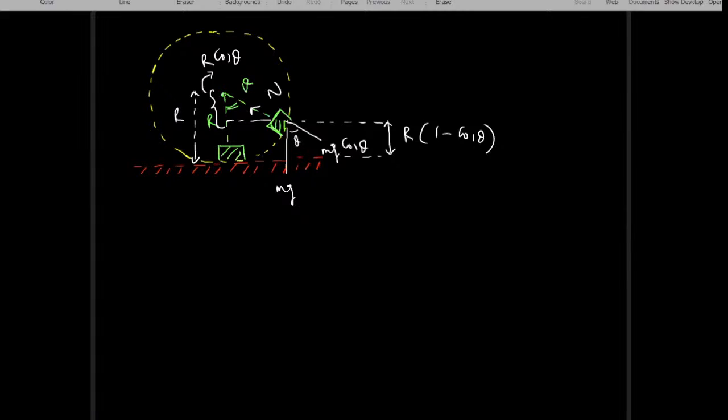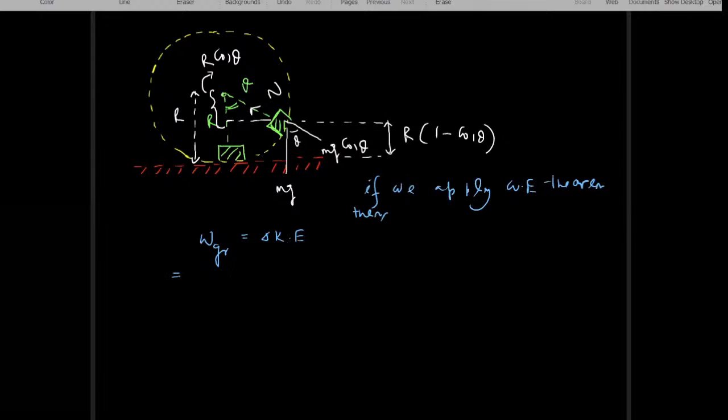So now if we apply the work energy theorem, then work done by gravity is equal to change in kinetic energy. If you check, the body is moving up, so work done by gravity is negative.